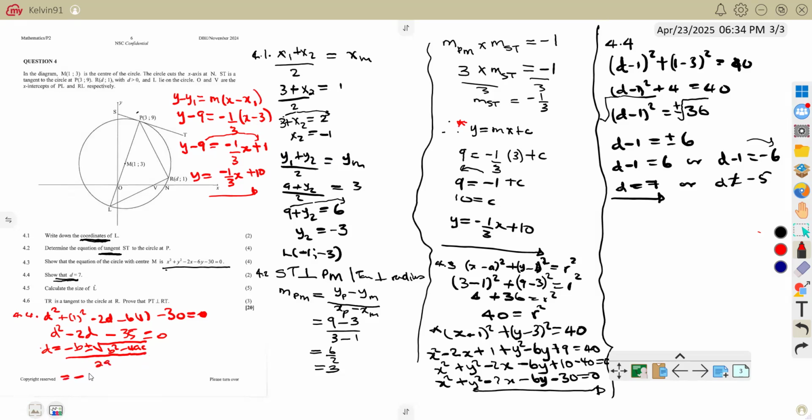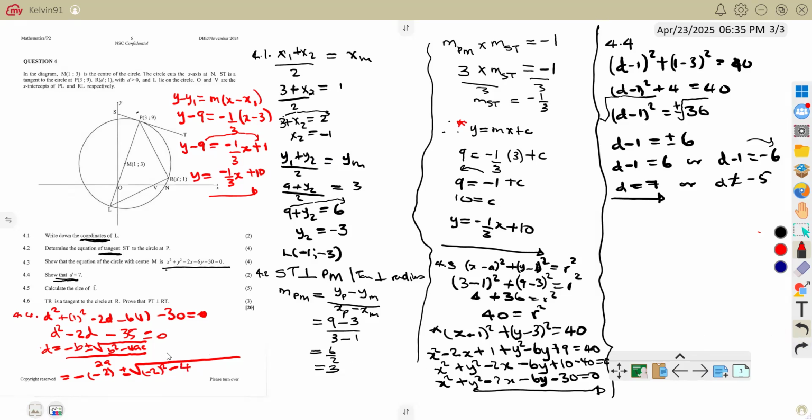Your B is negative 2, which is the coefficient of D. Then plus or minus the square root of B squared, so it's going to be minus 2 squared minus 4.